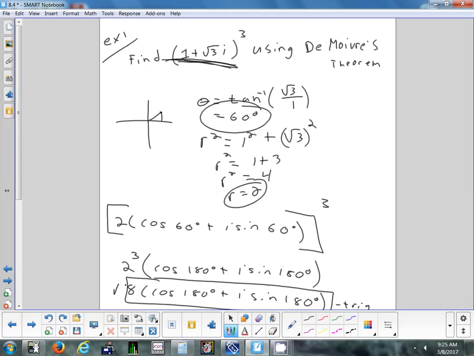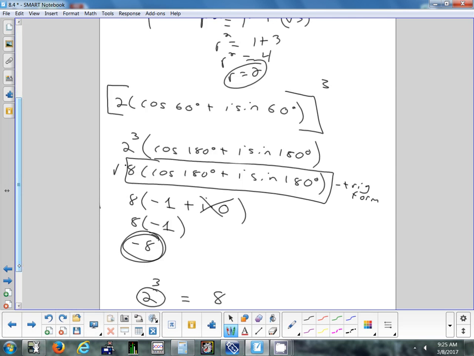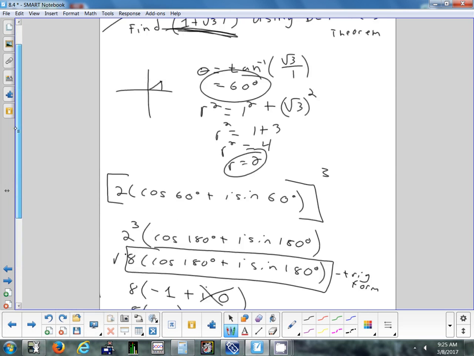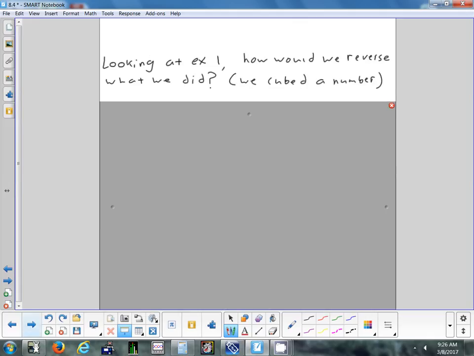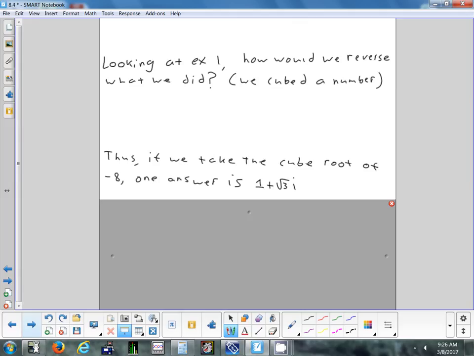Now, when you find a cube root, there's 3 answers, just like when you find a square root, there's 2 answers. This is one of the cube roots of the number I just underlined. Okay? So that's what I just said. If you take the cube root of example 1, you would get -8.